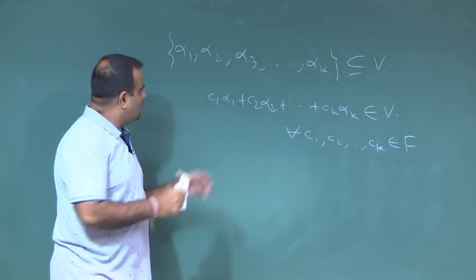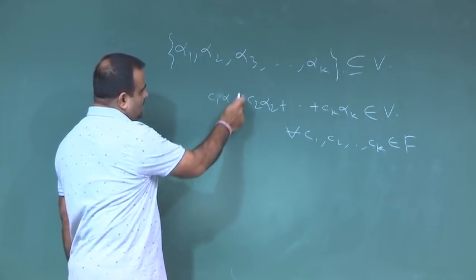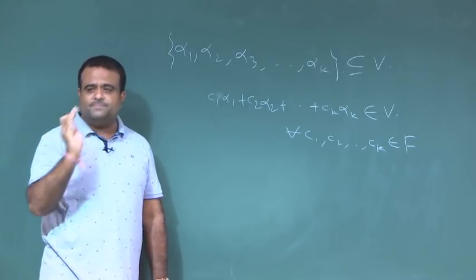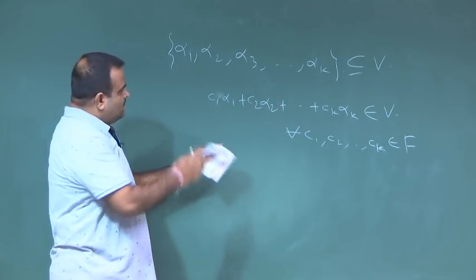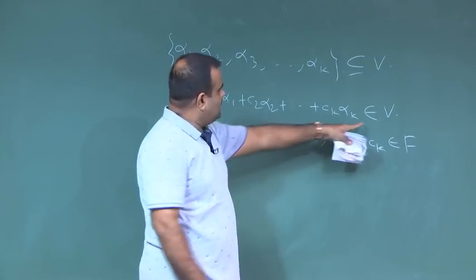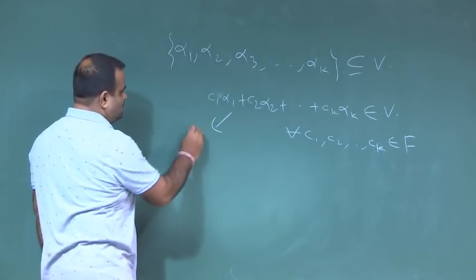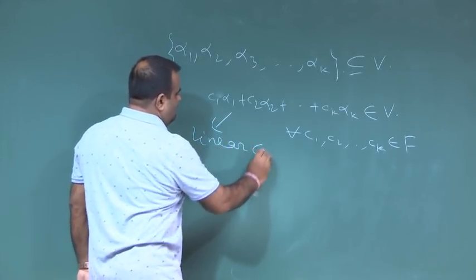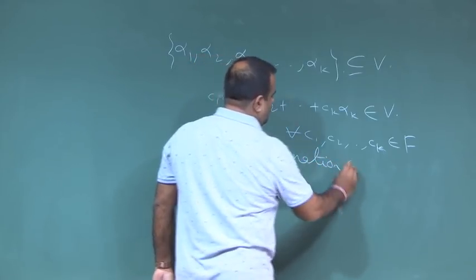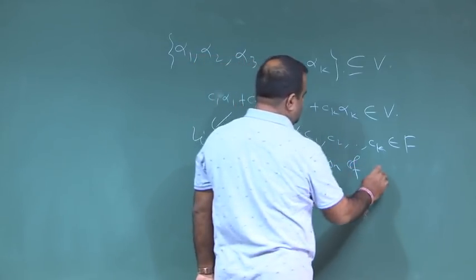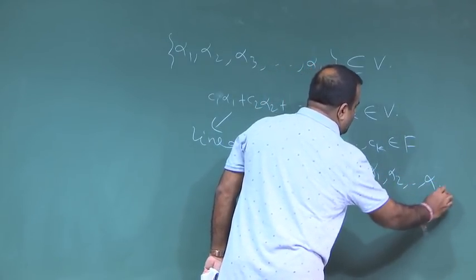Again, we have to be careful here, this is actually scalar multiplication and this is actually vector addition, but for simplicity we are writing this expression. Now, this is again a vector, and this expression is called a linear combination of these vectors alpha 1, alpha 2, up to alpha k.